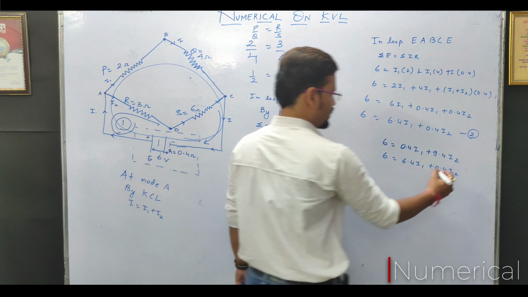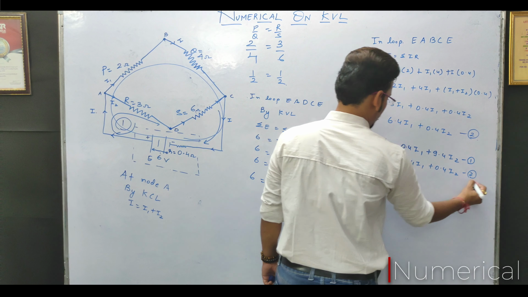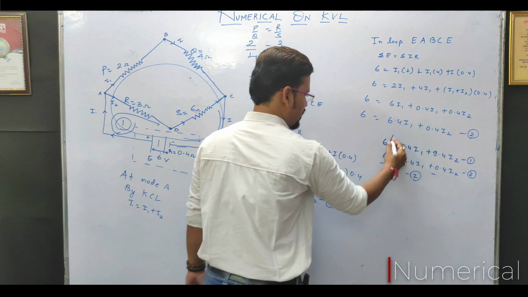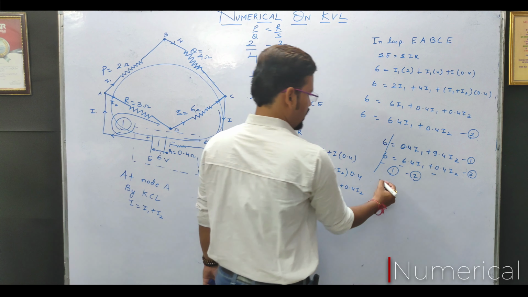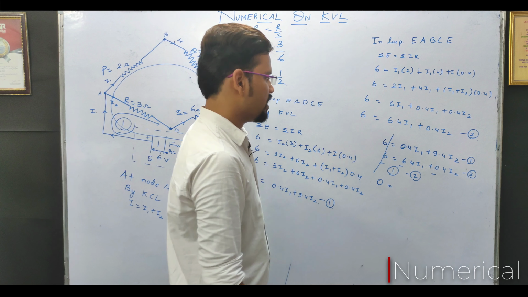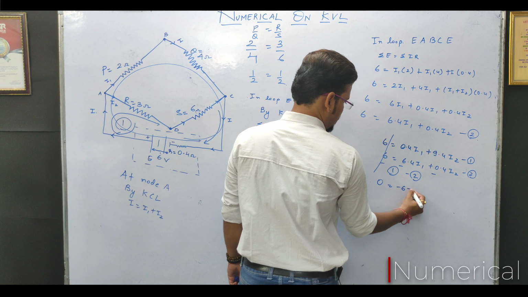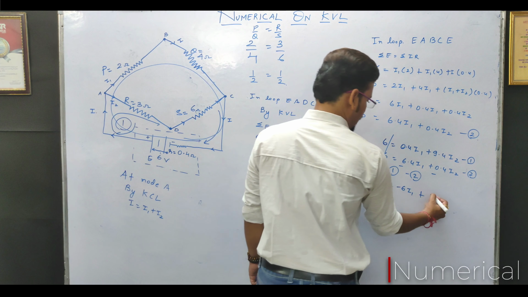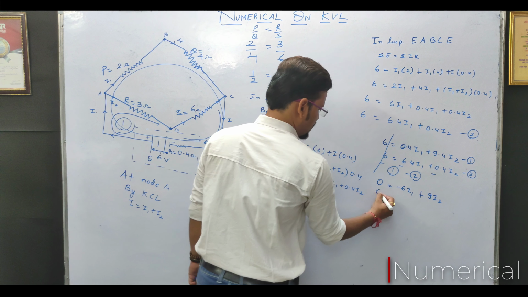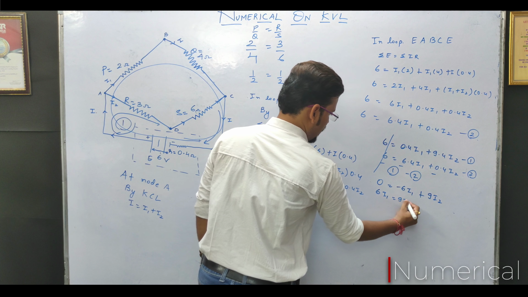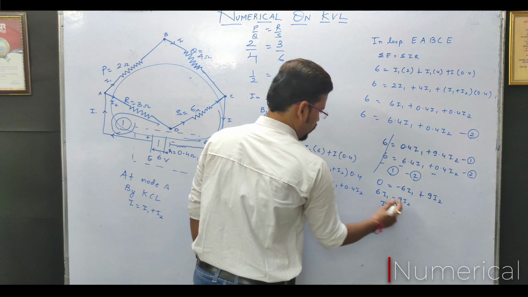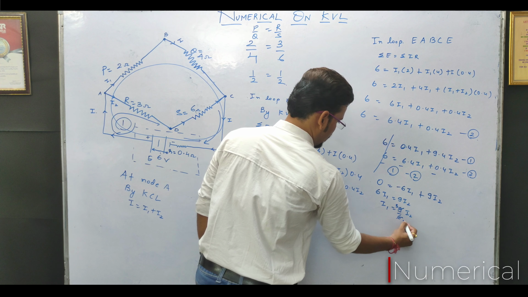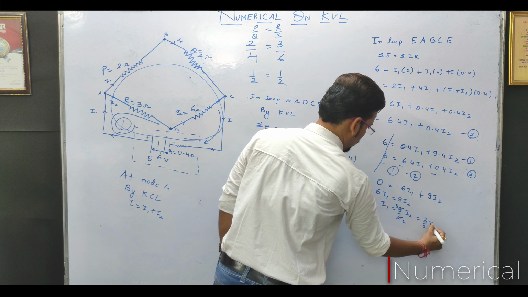We'll subtract both the equations, first minus second. On subtraction, 6 and 6 will get cancelled out. 0 is equal to 0.4 minus 6.4, which is minus 6I1, plus 9.4 minus 0.4, which is 9I2. Or we can say 6I1 is equal to 9I2, or I1 is equal to 9 by 6 I2. It will become 3 upon 2 into I2.